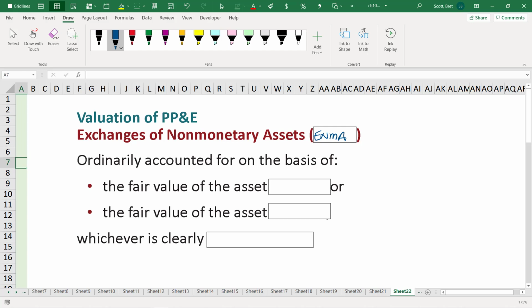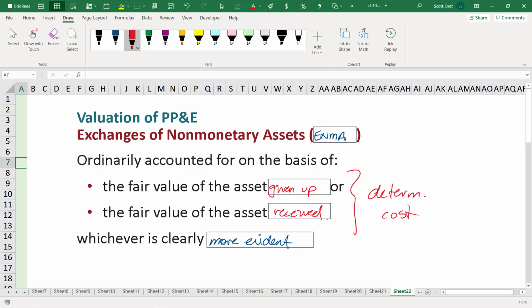The fair value of the asset given up, or the fair market value of the asset received, whichever one is clearly more evident or obvious, is what determines the overall cost basis of the asset received.